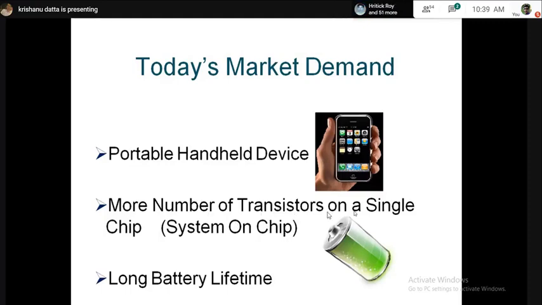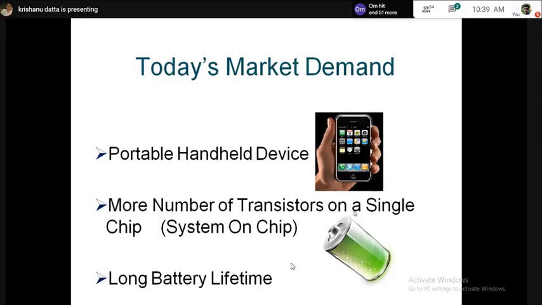That is always the trend. And finally, long battery lifetime. This means each microchip should dissipate a minimum amount of power. That will only enable long battery lifetime. So this means more features, more transistors, and at the same time low power. This is basically today's market trend.